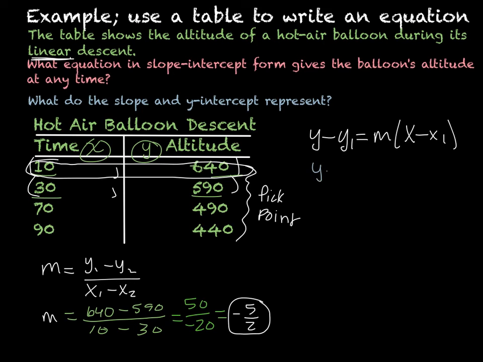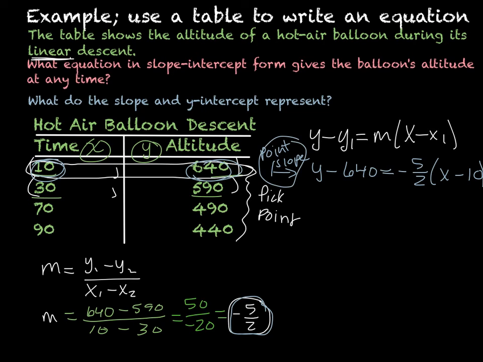So I know y minus my y1, which is 640, equals my m, which I found down here to be negative 5 over 2, times x minus my x1, which is 10. Now this is point slope form. But what I wanted was slope-intercept form. So we got to go one more step and simplify all this.